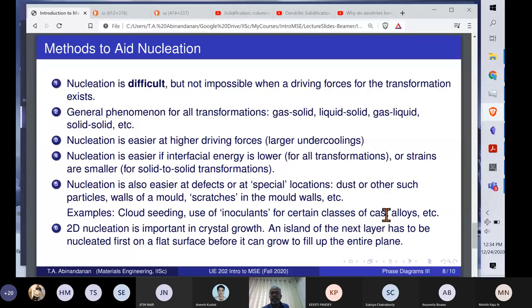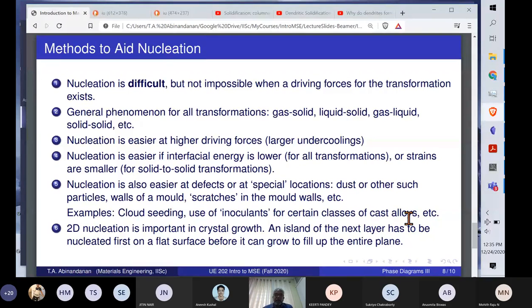And certain classes of cast alloys are basically materials which are melted first and poured into a mold, and nothing else is done on them. They are used simply as they are produced, and typically these tend to be really cheap materials. One example of a cheap material is manhole covers. They are cast iron based materials, and they are simply cast into that shape and nothing else is done.